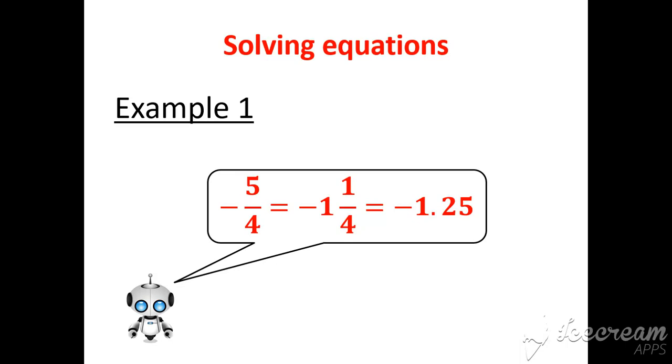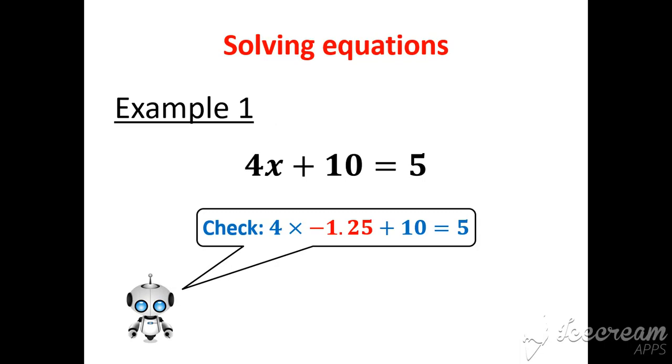Those are all perfectly fine answers to solve this problem. Once again, a very quick check to go back and say, look, we think the number is negative 1.25. So go back and go 4 times negative 1.25 plus 10, and your calculator should spit out the answer 5, which proves it is the correct answer.